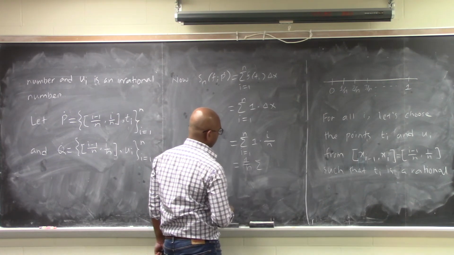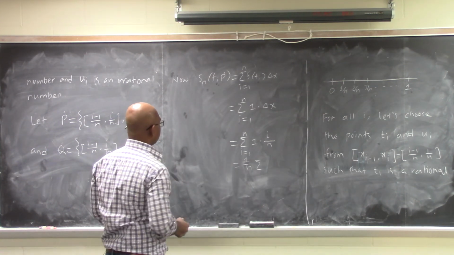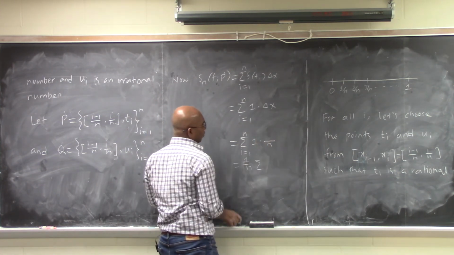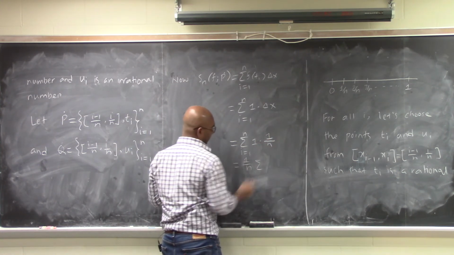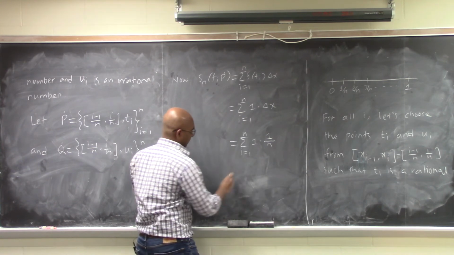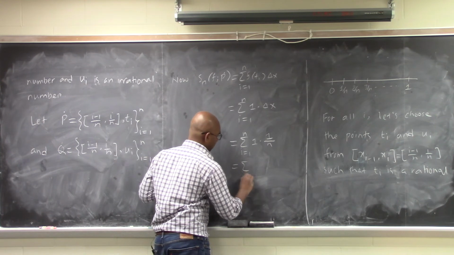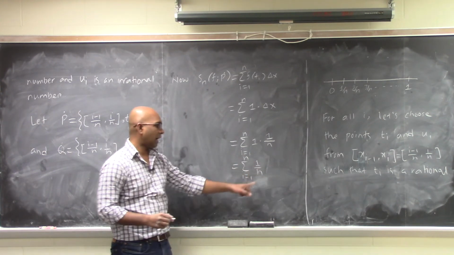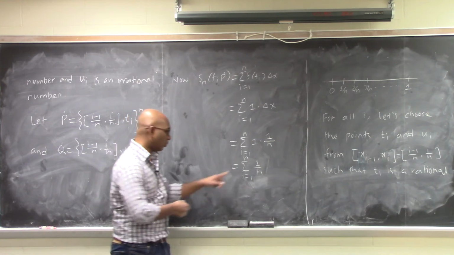Oh, sorry, my bad. Delta x is 1 over n, sorry. Yeah. So you just sum 1 over n, n times. So what is this thing actually?